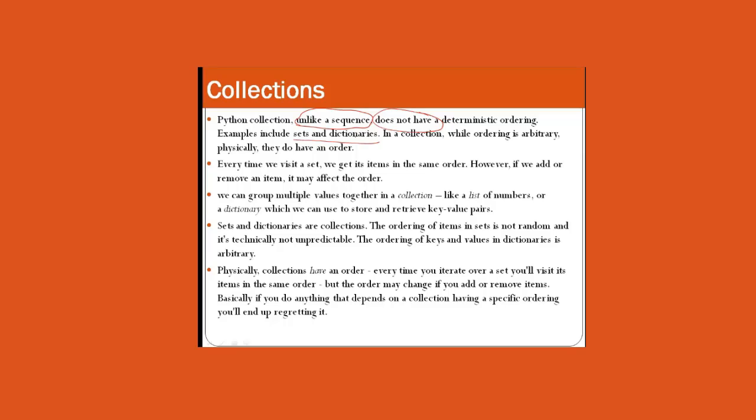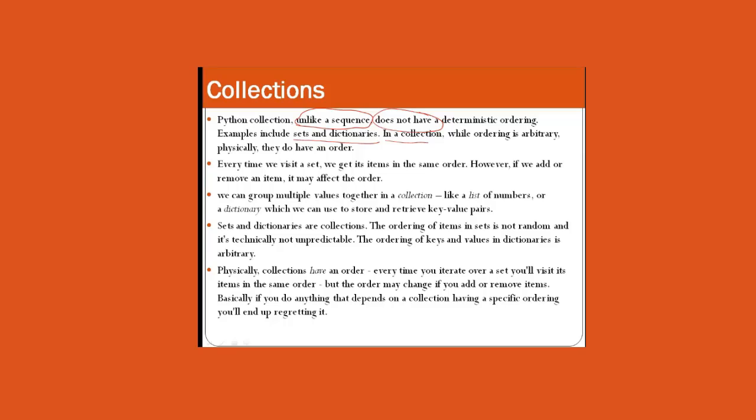If you talk about the mathematical set also, you do not have the deterministic ordering. If you talk about dictionaries, we can access the elements of the dictionaries through their keys. So in a collection, the ordering is arbitrary. Every time we visit a set, we get its items in the same order.